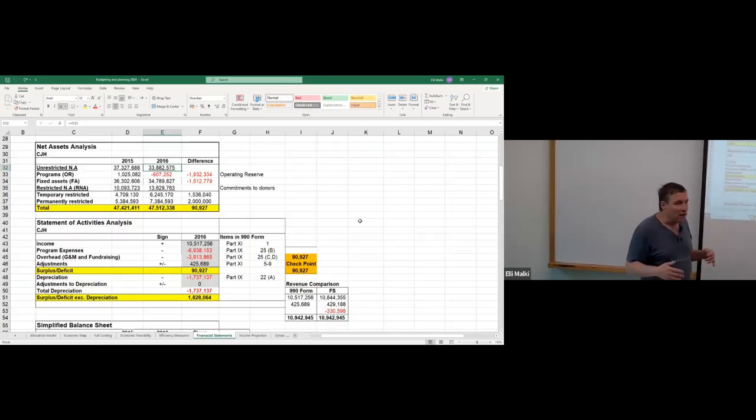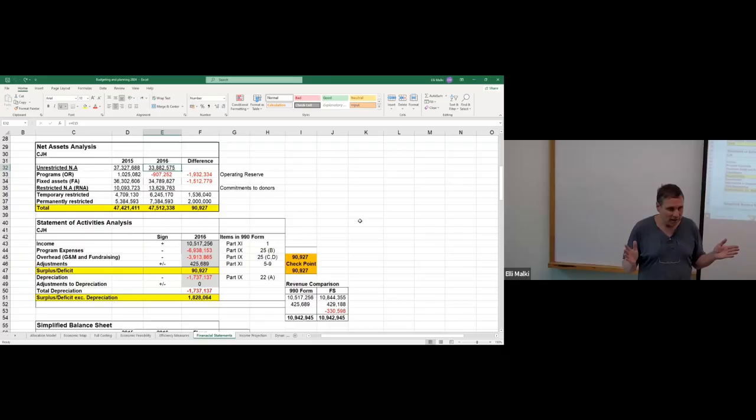The statement of activities shows us flows, income and expenses within a period of time in the financial statement, within a year. So when we talk about our annual income, it's all the income that we receive during the entire year. And obviously there is a connection, because the difference in balances has to be reflected as flows.